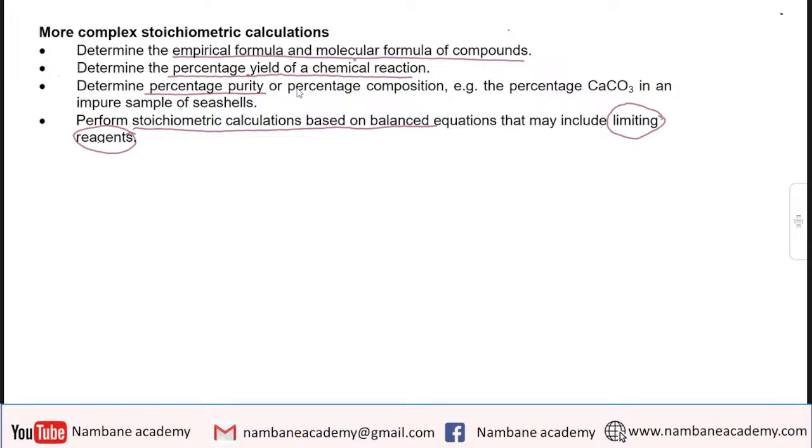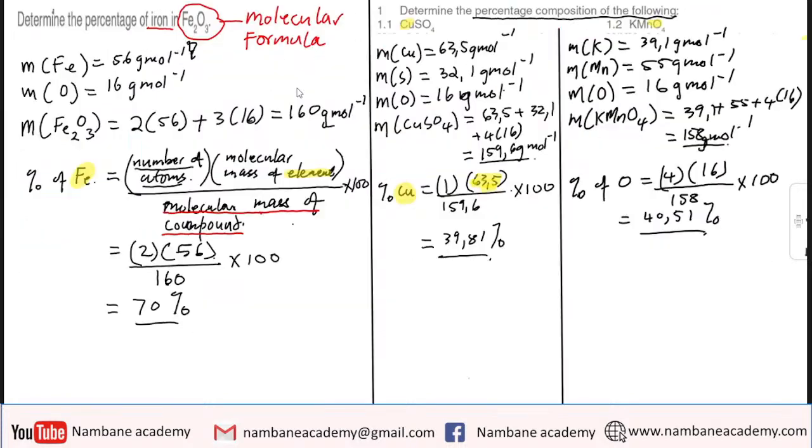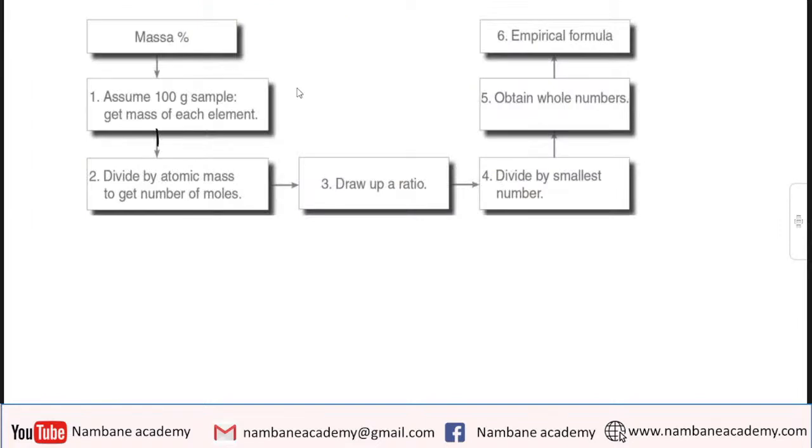Determine the empirical formula or molecular formula, percentage yield of the reaction that now has been done. So we move to the empirical formula and we are building towards that. So let's now get into this, and this will be our empirical formula.